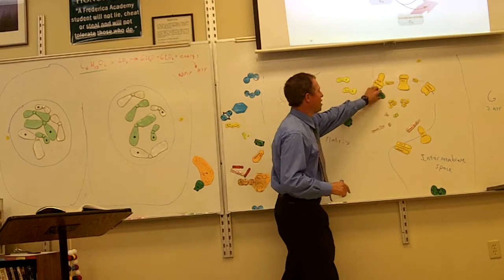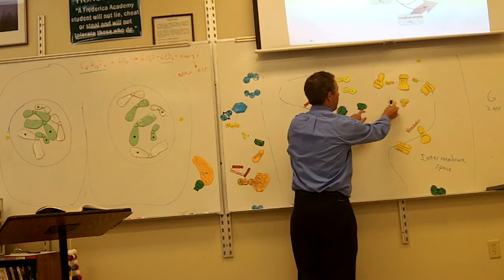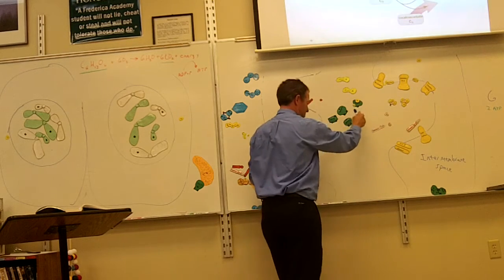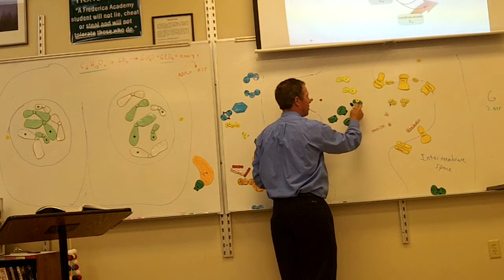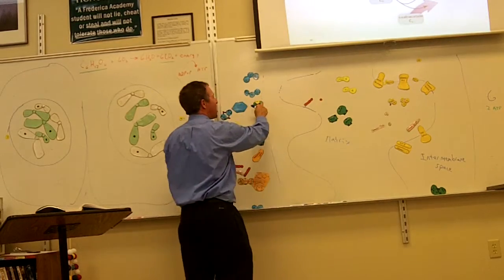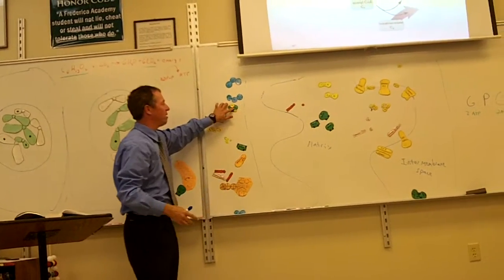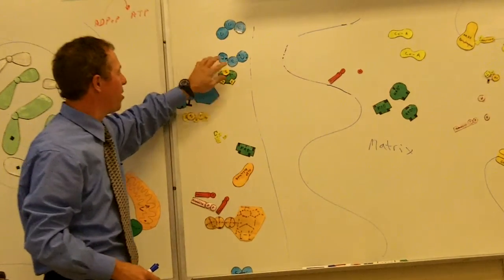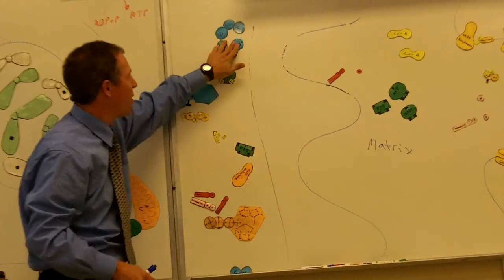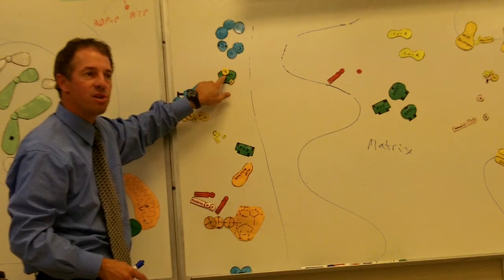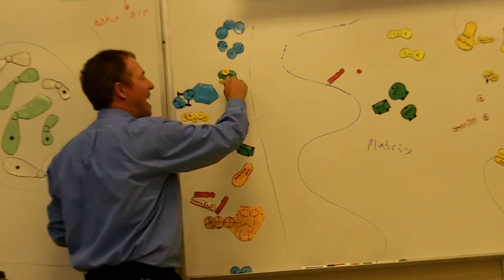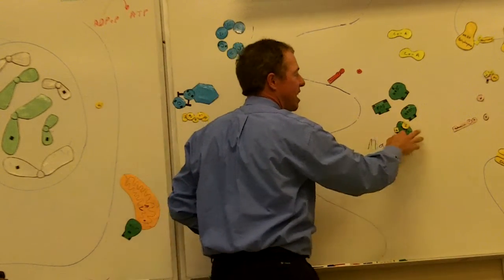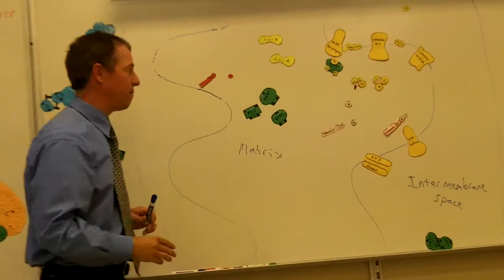Do you remember that there was some NADH made outside the mitochondrion in glycolysis? When glucose was first torn apart, we did make a couple NADHs. And then they had to go inside the mitochondrion to get to the electron transport chain.